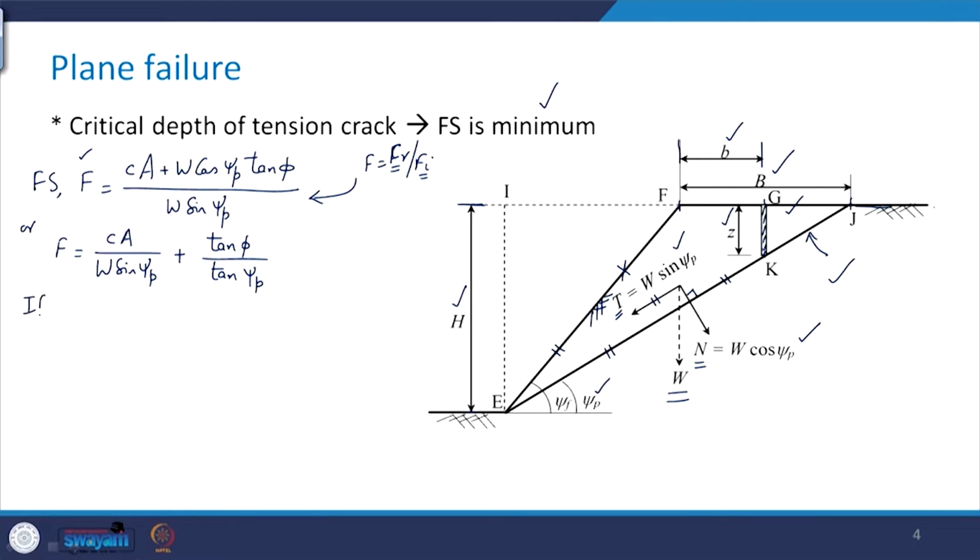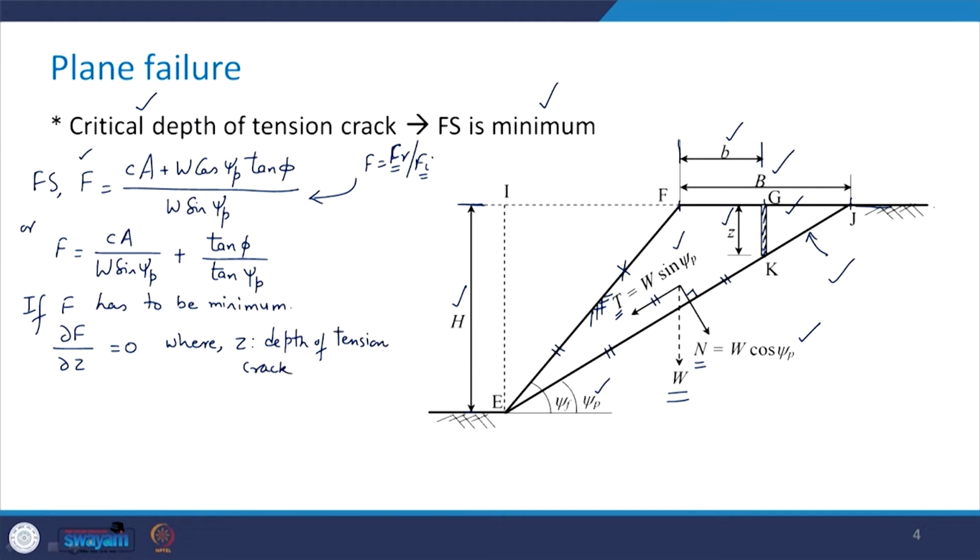Now, if this F has to be minimum, why does it have to be minimum? Because in that case only we are going to get the critical depth of the tension crack. So, in that case this quantity del F del Z should be equal to 0, where Z is the depth of the tension crack.